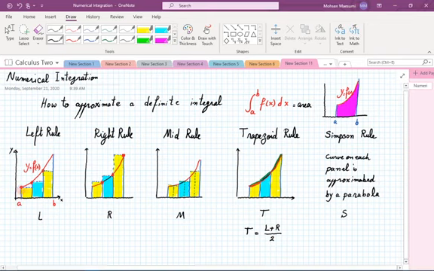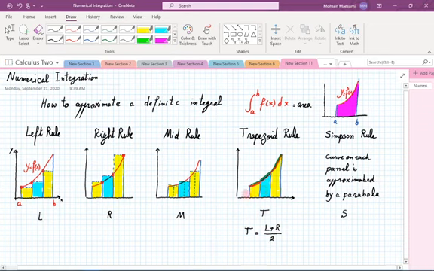Well, this is going to be our upper base, this is going to be the lower base, and you're adding them up to calculate the area of the first one. For that reason, this turns out to be the average of these two. Again, the amount of effort you put into the trapezoid rule is almost the same as the left or right rule.